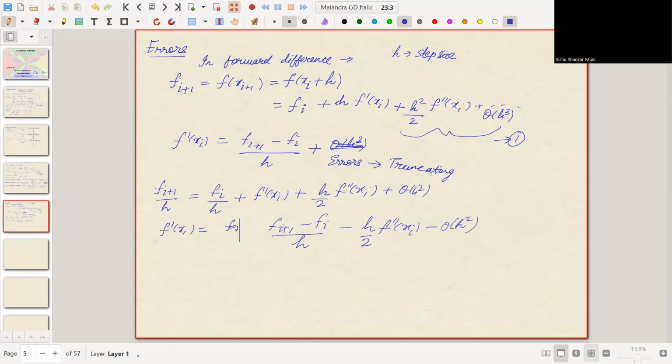Is it clear? You can see that the right side is our forward difference method formula, but we were neglecting this quantity. What is that quantity now? It is order of h. Why is it order of h? Why is it not order of h square?